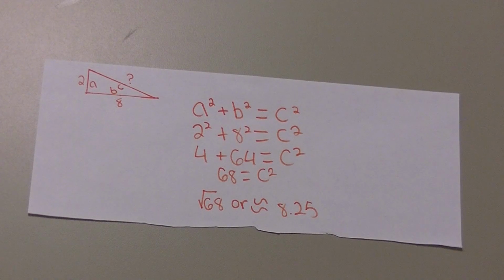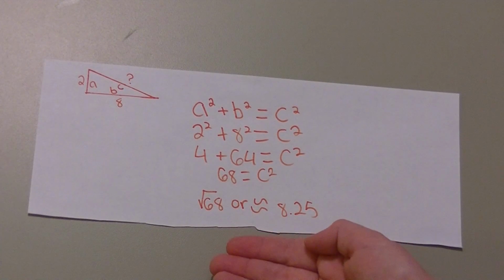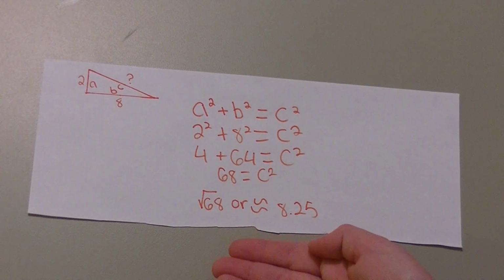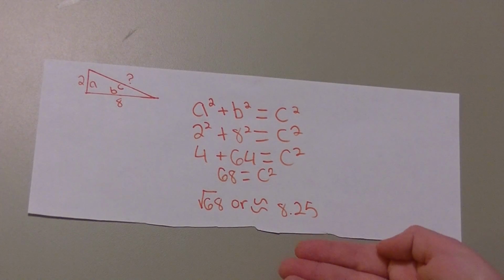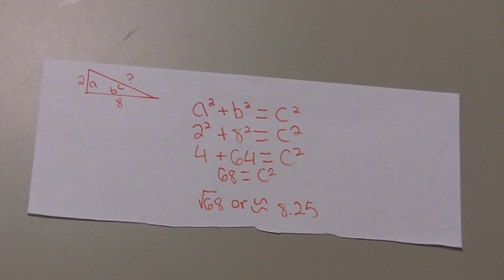So we could leave this in rational form, which is correct and terminates because it has an end. We could leave it in a form like this. Or we could leave it in irrational form, which is somewhere around 8.25, which is not exact, but is an approximate estimation.